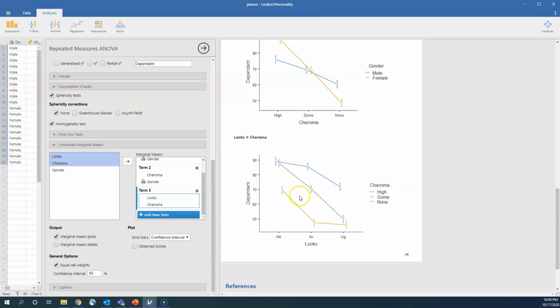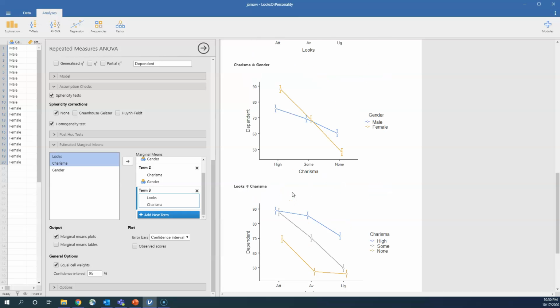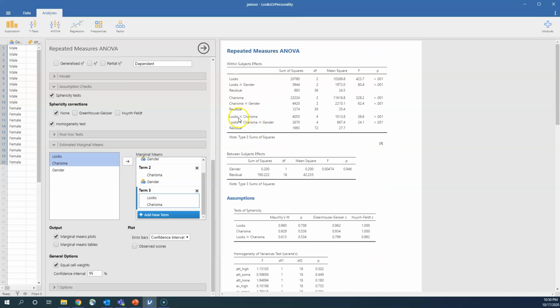So there's a lot going on with this graph, but if you just look at the different data points and spend some time interpreting it, really drill down into it, then you start to get a sense for what's going on. It takes a while, takes some patience, but you can get a good feel for why these variables are interacting with each other in this statistic that we found up above, where it says looks by charisma is interacting.